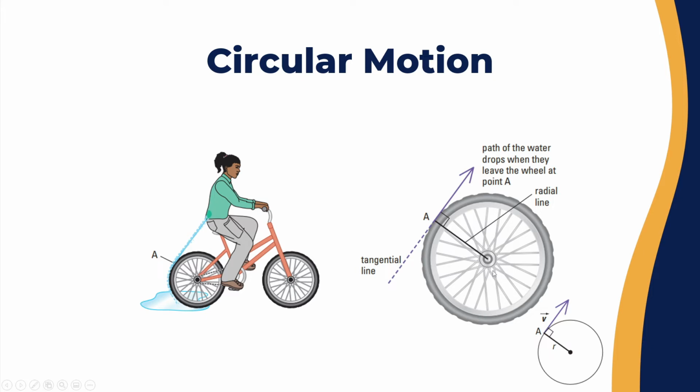In more detail, we have here the center of your tire, then you have the radial line, and you have this tip point on the surface of the tire along the tangential line of the tire. The path of the water is expected to be launched at 90 degrees relative to the radial line.